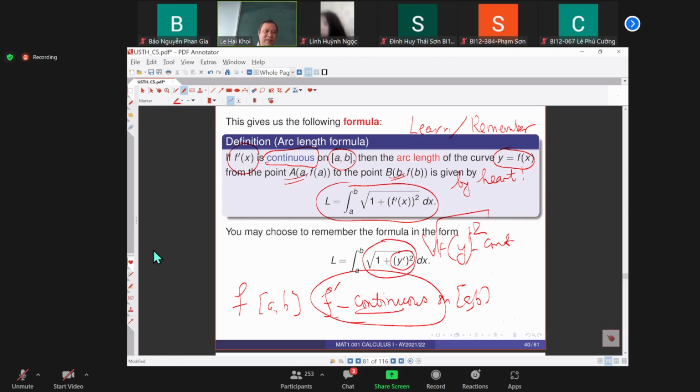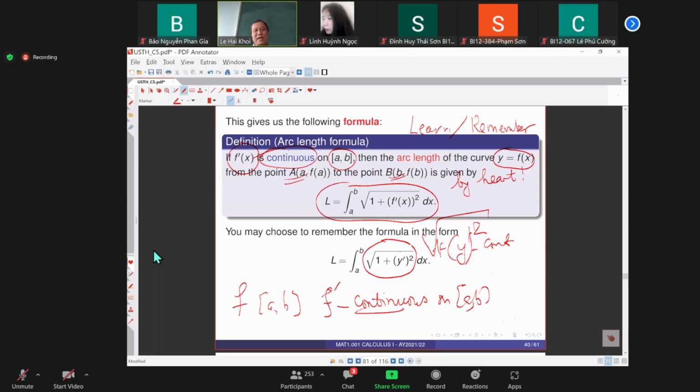That integrand is continuous. So then the definite integral exists. We already talked about that in chapter 4, right? That's why this condition is very important for applying this formula.